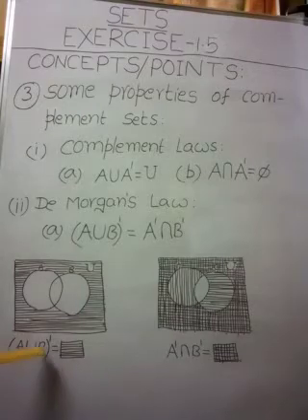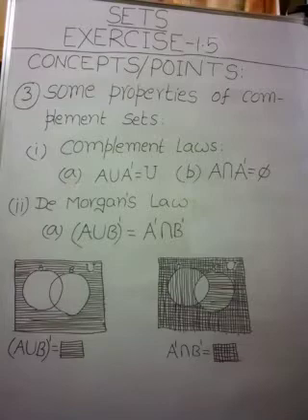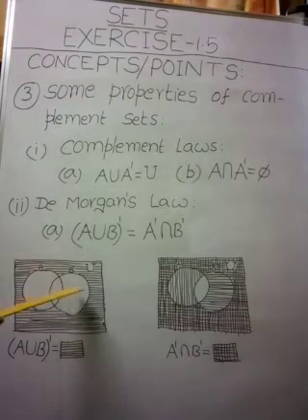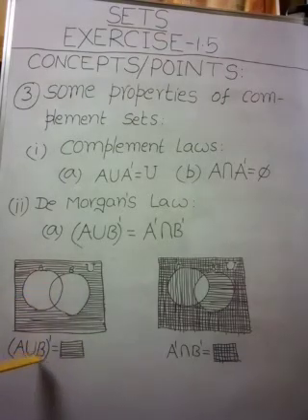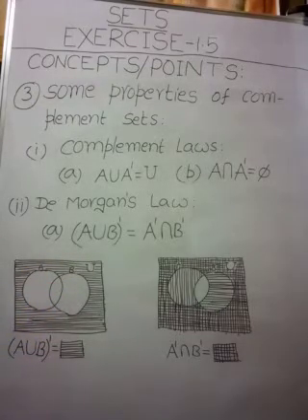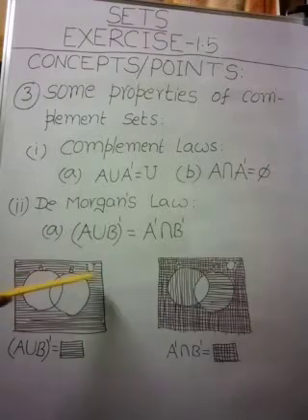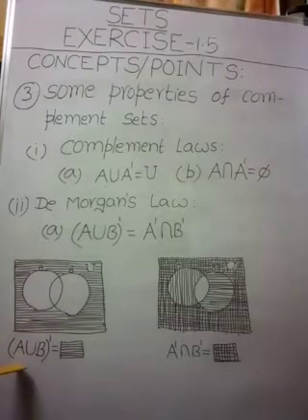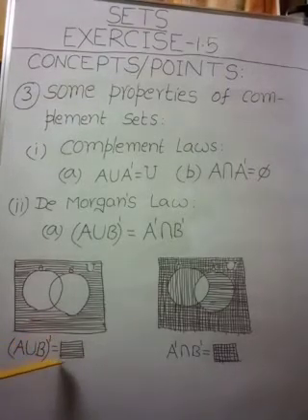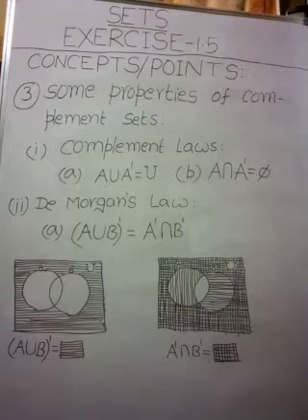Then A union B whole complement means we have to ignore the portion of A union B in the universal set. The remaining portion of the universal set should be shaded. So this horizontal lines shaded region denotes A union B whole complement.